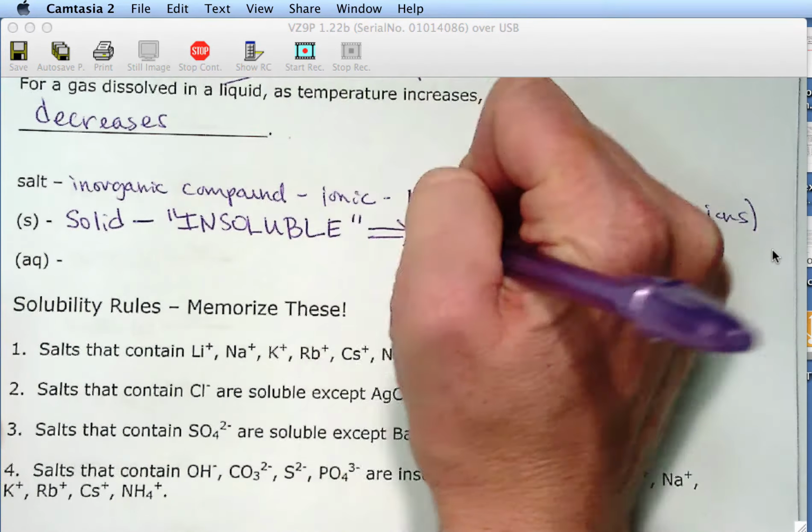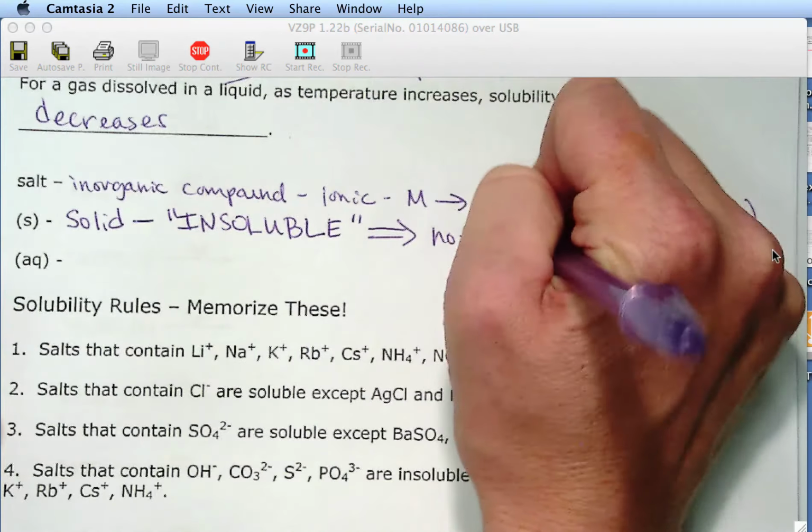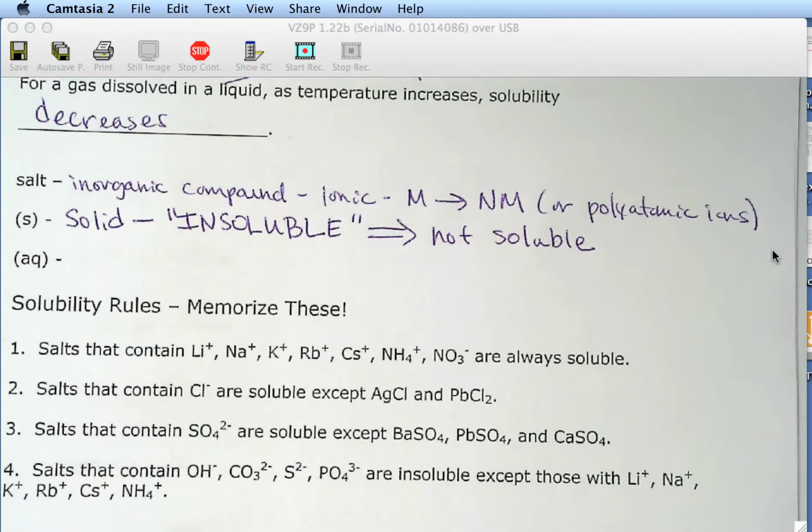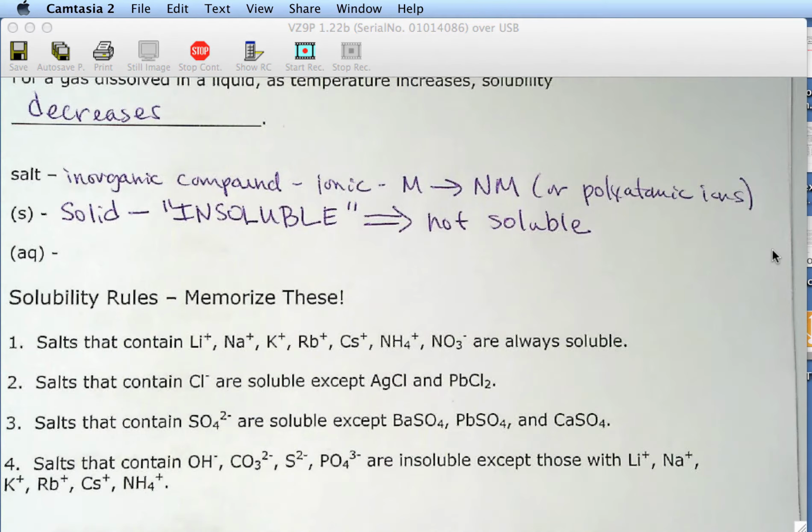In other words, not soluble. I see so many students get confused with this S because they think S means soluble, right? So be careful. Whenever you see S, that means solid, that means insoluble.